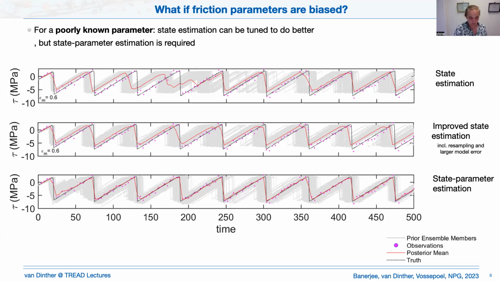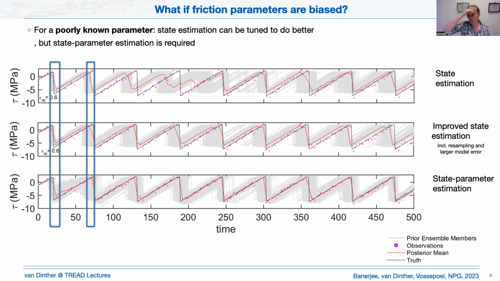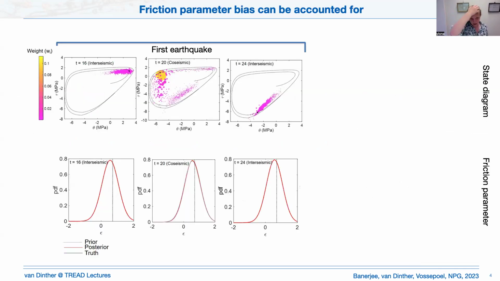So that's really quite nice, because I originally expected that estimating both friction and stress at the same time from very limited observations would be incredibly hard and probably not possible. But if we look in these first two events, and you can look a little bit more in detail, in the top you see the state diagram, so with the stresses and the state, and in the bottom you see the friction parameter, where the black line is the true friction parameter and the red gives you the posterior.